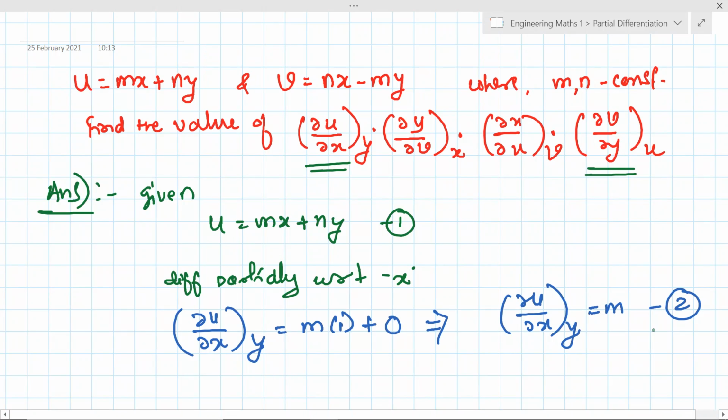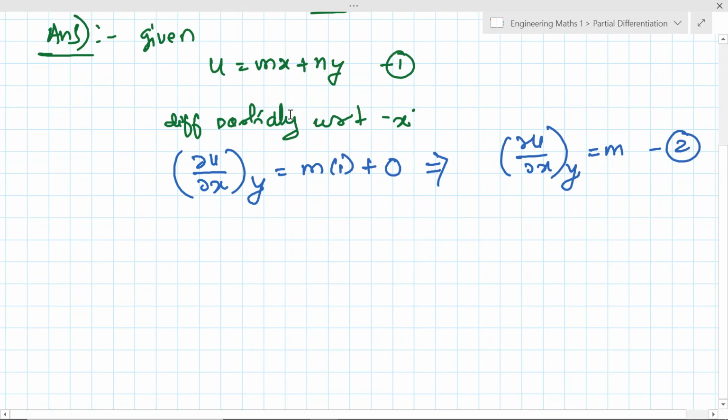Okay, fine. Now let us move forward. We want the partial derivative of v with respect to y treating u as a constant. So how can we get that? ∂v/∂y is equal to, so v is given: v = nx - my, call it as equation number 2.